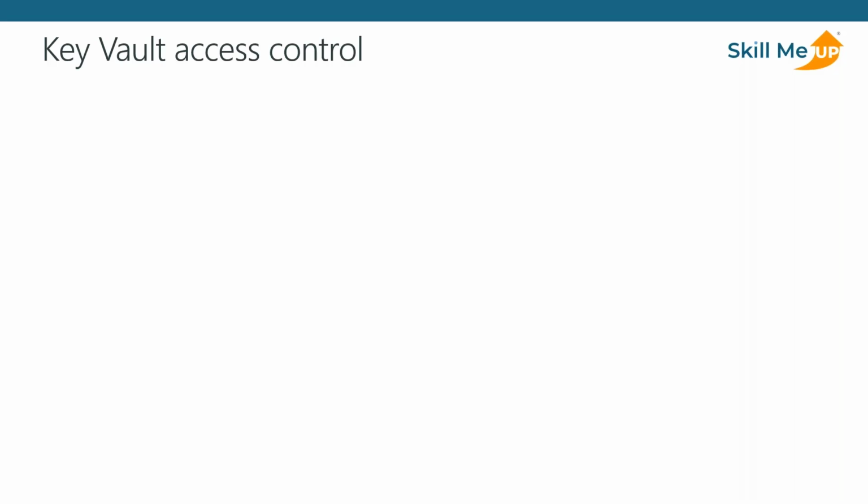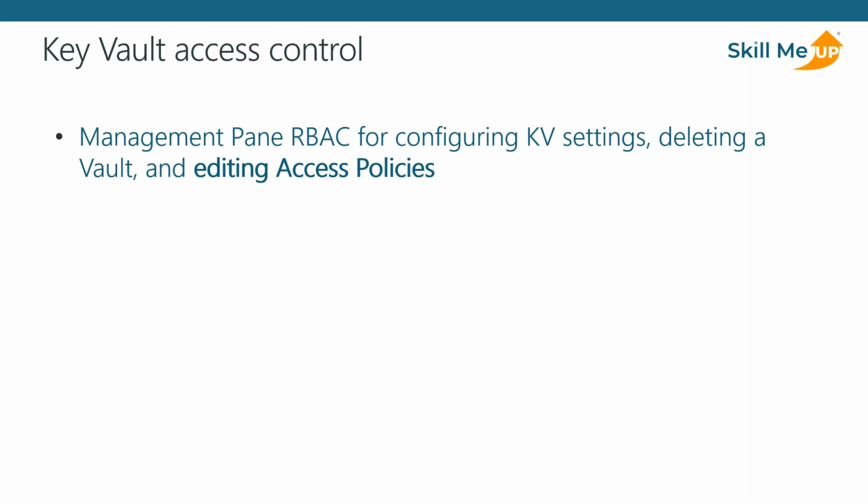The key, pun intended, for Key Vault access control is a selection of access policies. There's a clear distinction: role-based access control is meant for management pane access control in Azure Key Vault specifically.